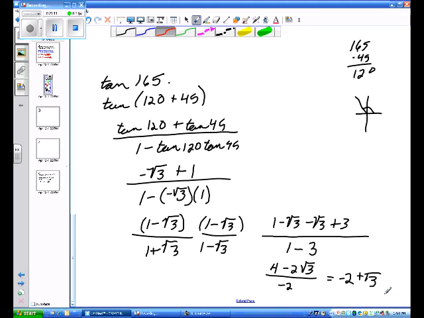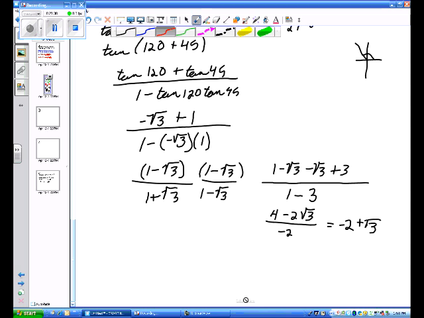Now, there are some things that can happen with tangent that sometimes make it just a little bit harder. Let me show you. Let's take this same one, and let's take the 165 and add 45 to it. And we would have gotten 210. So let's take this and do this as 210 minus 45.